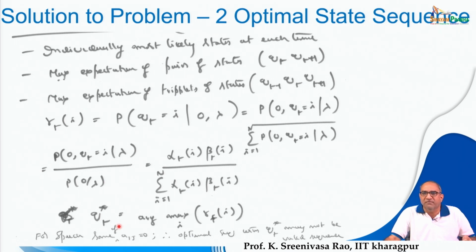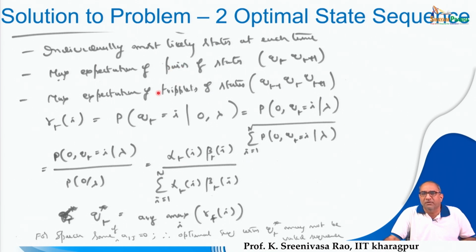There are certain state sequences that are not permissible, so they will be 0. That means certain values of a ij will be 0 in the state transition matrix. In view of that, the individually most likely states at each time instance may sometimes not be a valid sequence at all. Therefore, in the case of speech we cannot consider the most likely states at each time instance this way.